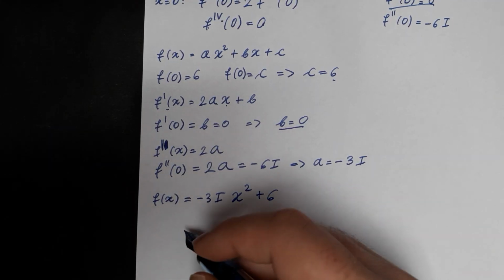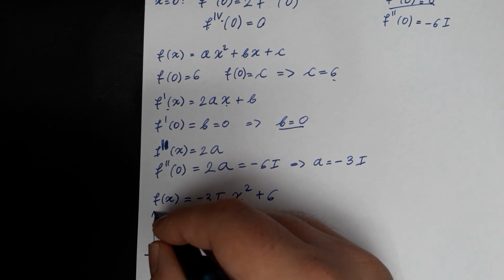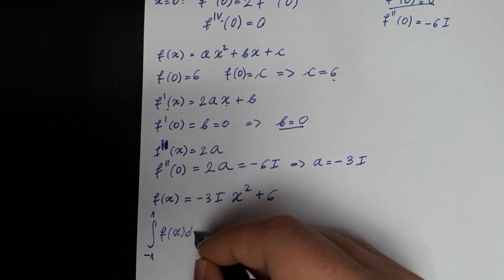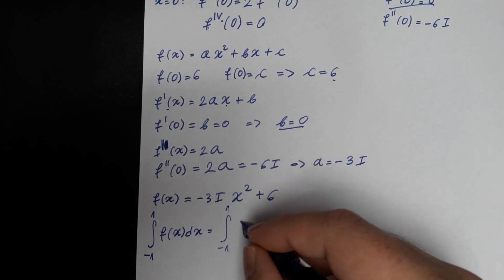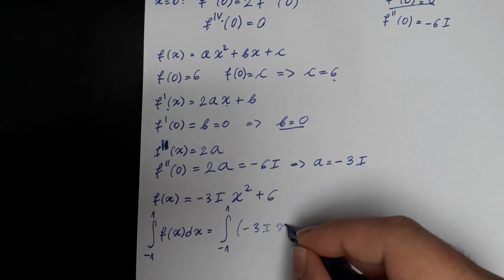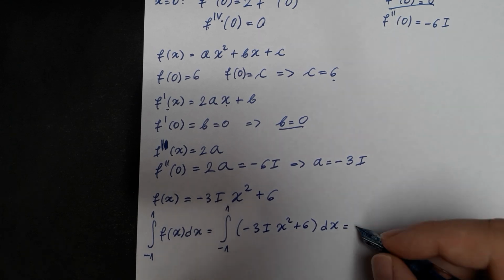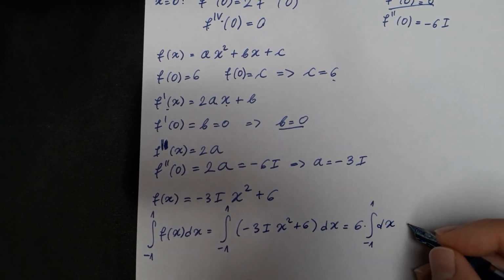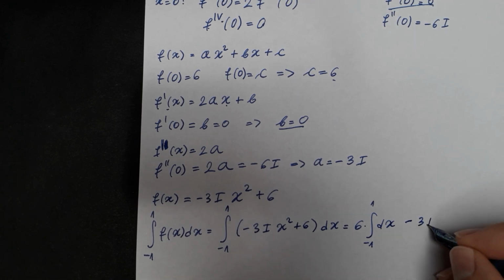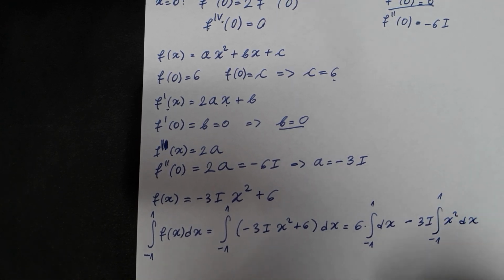Now the question becomes just to find the integral. So the integral from minus 1 to 1 of f of x dx is then going to be equal to the integral from minus 1 to 1 of negative 3I x squared plus 6 dx, which is equal to 6 times the integral from minus 1 to 1 dx minus 3I times the integral from minus 1 to 1 x squared dx.